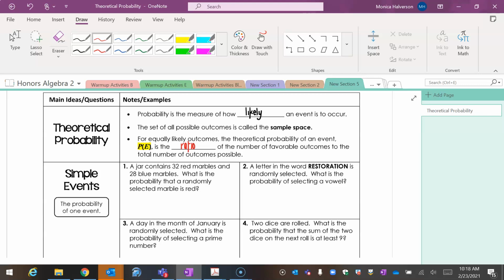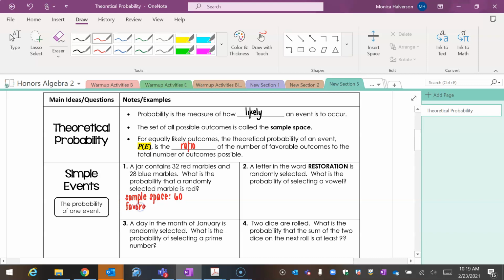So the first thing you're going to want to do is determine your sample space. And in this case, your sample space is the total number of outcomes, which is 60. There's 60 total marbles in this jar. Now, our favorable outcome is selecting a red one, which there's 32 of.